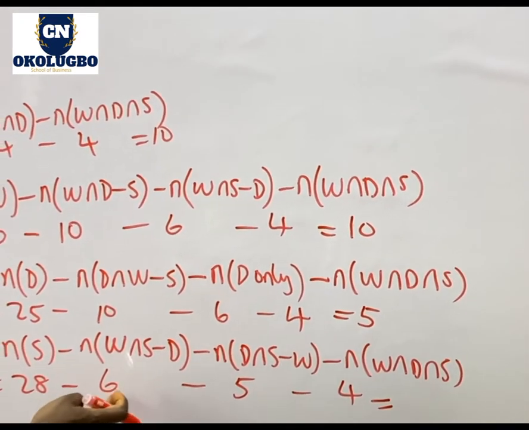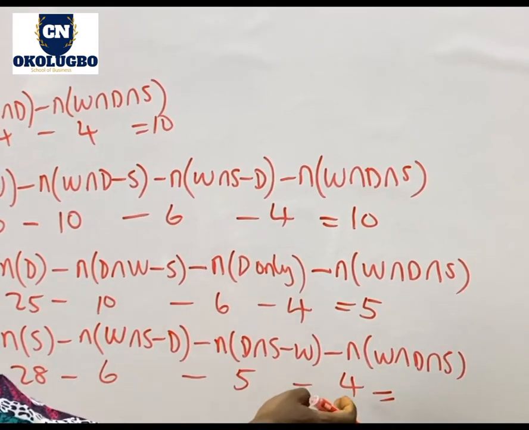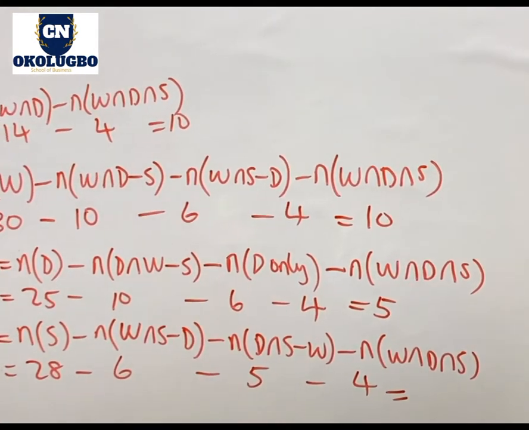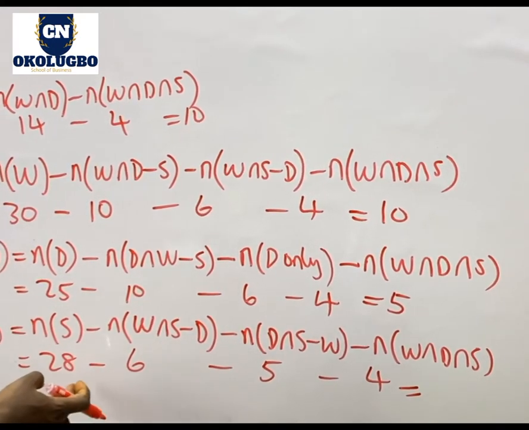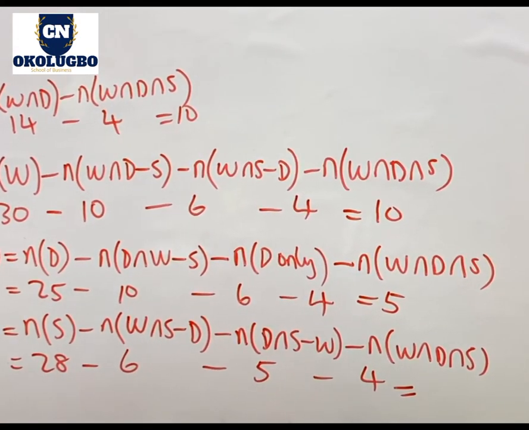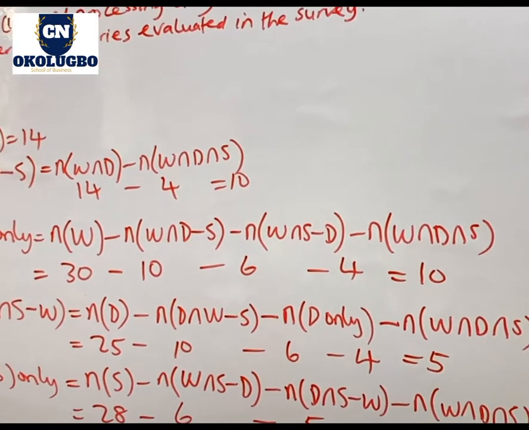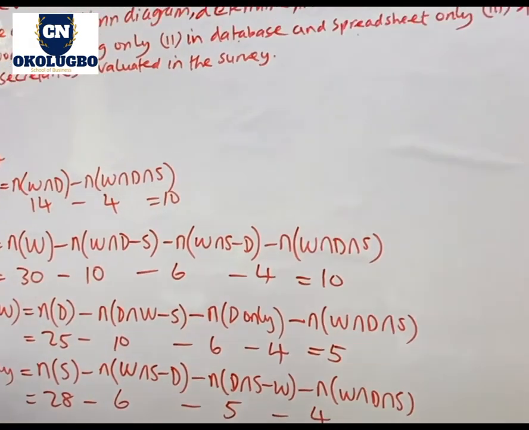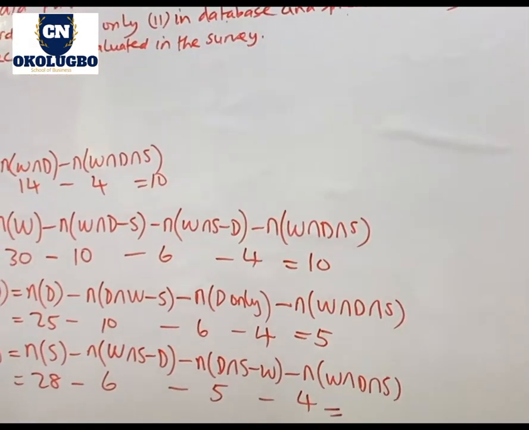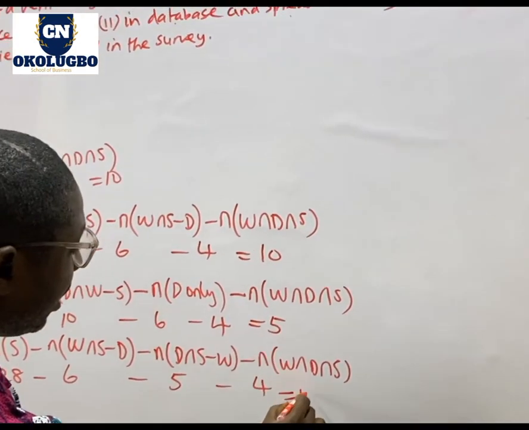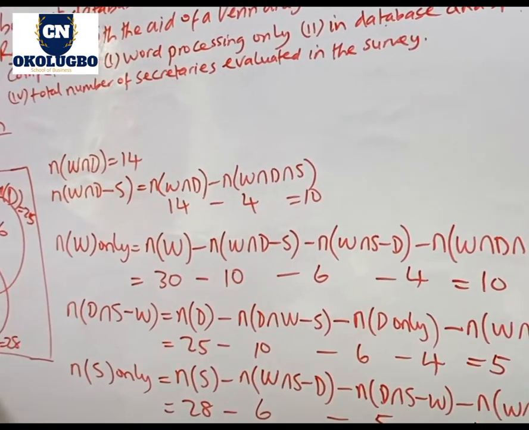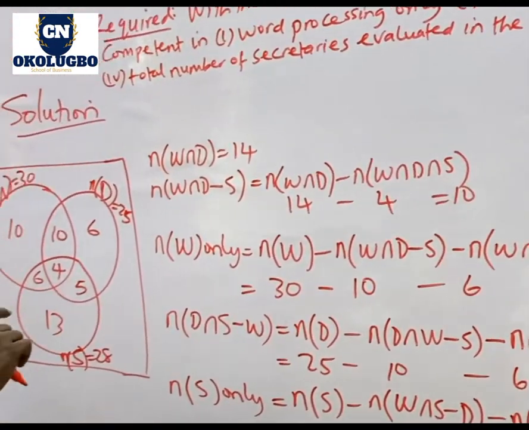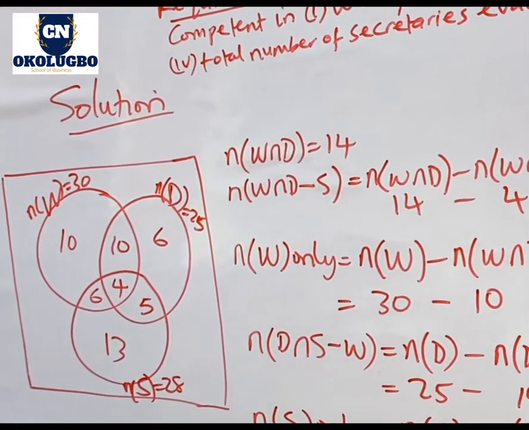This is 6 plus 4, 10. 10 from 10 plus 5, that's 15. 15 from 28 will give us 13. So 13 is our answer here. If you add up all this, it should give you 28.